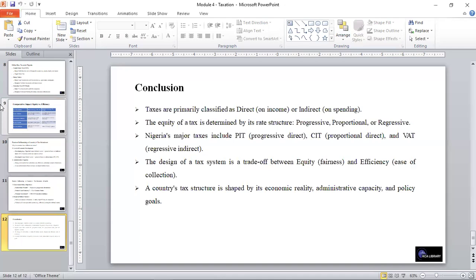And the design of a tax system is a trade-off between equity, which is fairness, and efficiency, which is ease of collection. And a country's tax structure is shaped by its economic reality, administrative capacity, and policy goals.